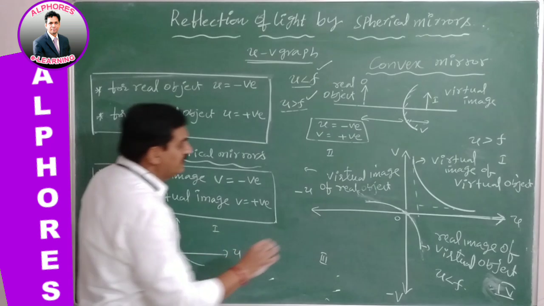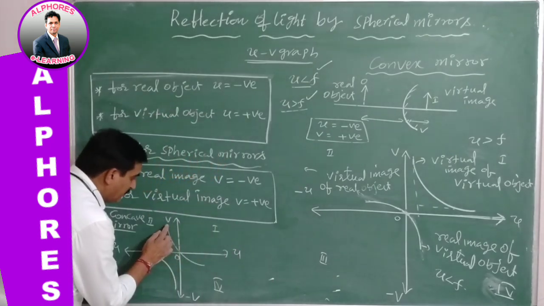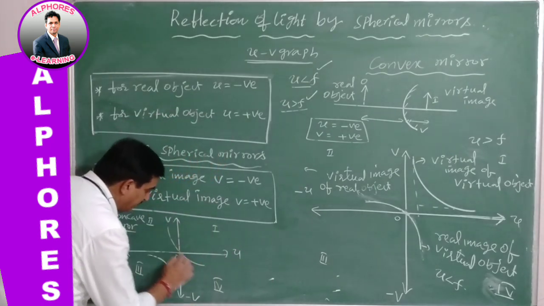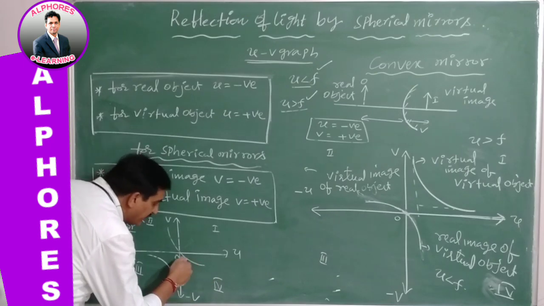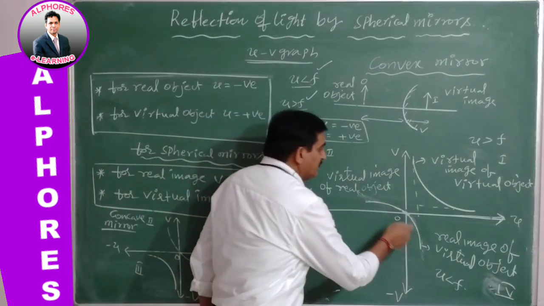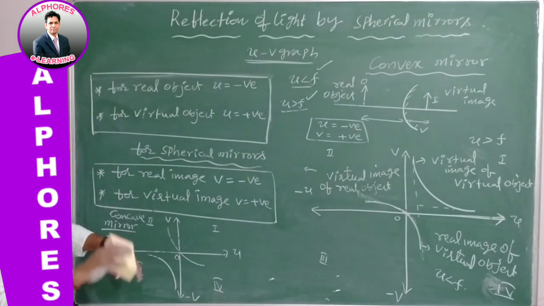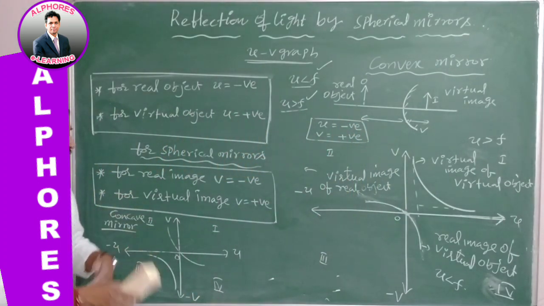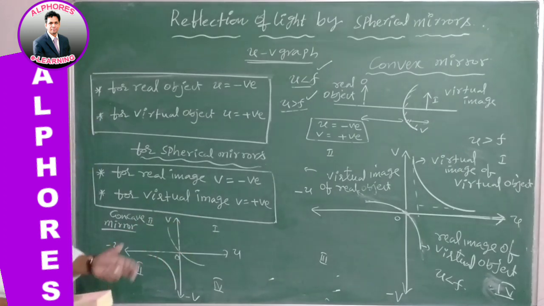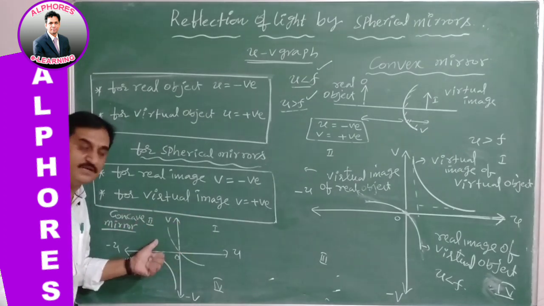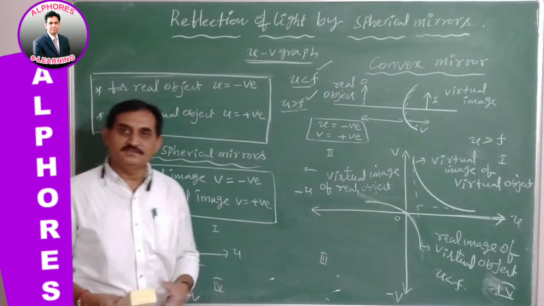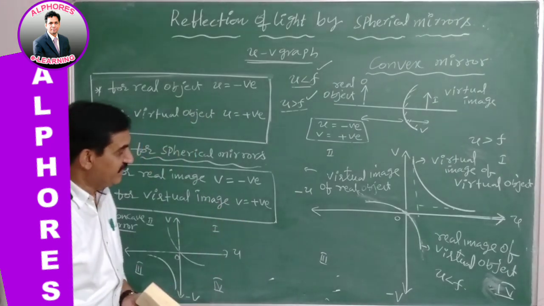Here the concave side is upwards, so it is like this. So it is reversed, and you will get the corresponding UV graph for the convex mirror, by simply shifting and rotating the rectangular hyperbola of the concave spherical mirror. So ultimately you are getting the UV graph of the convex spherical mirror.